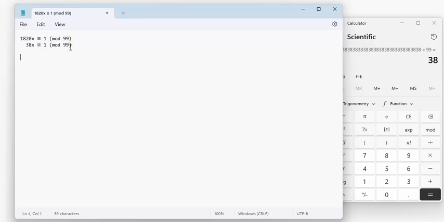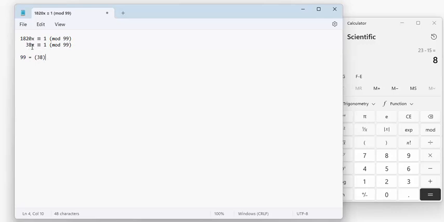Then we have the value of the mod and the value of the number that we're working on. Now we have the mod larger than the number that we are looking for the inverse of. We can use Euclid's algorithm. Next, we take the mod, which is 99. We want to decompose it into multiplication and remainder. Multiplication of what? Of 38, which is this number.